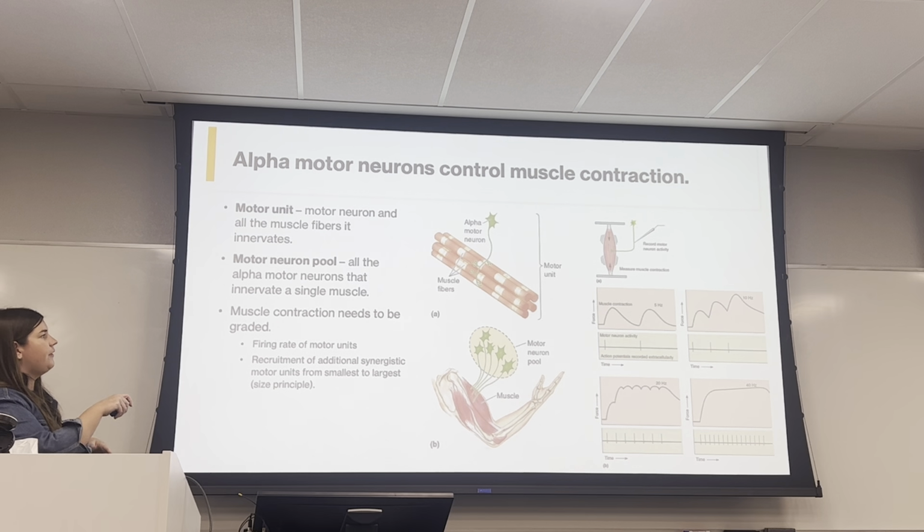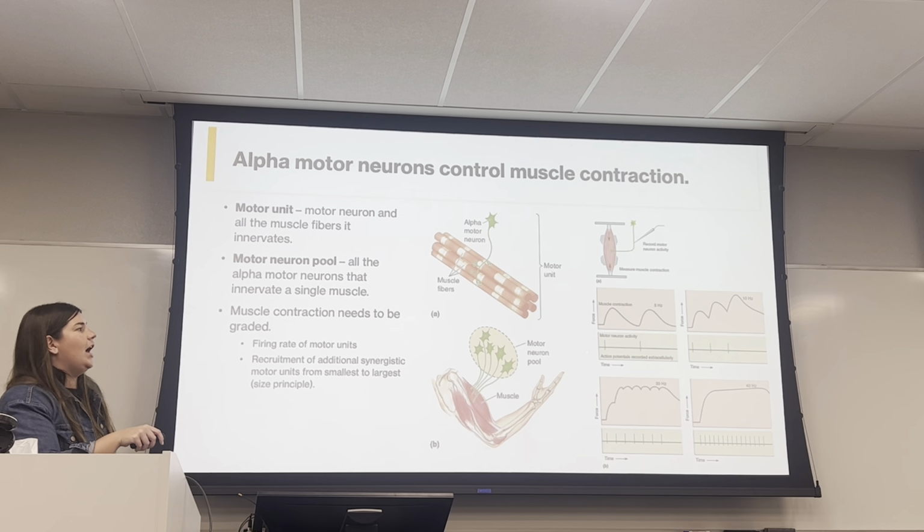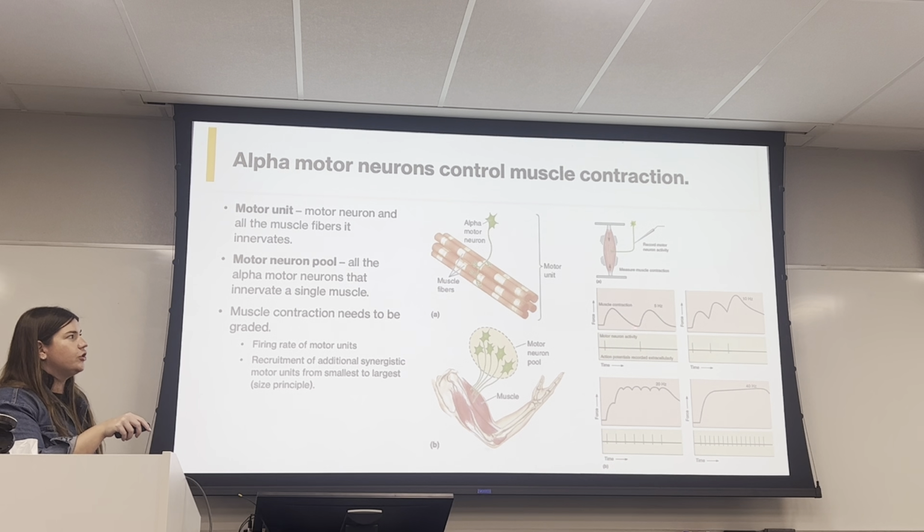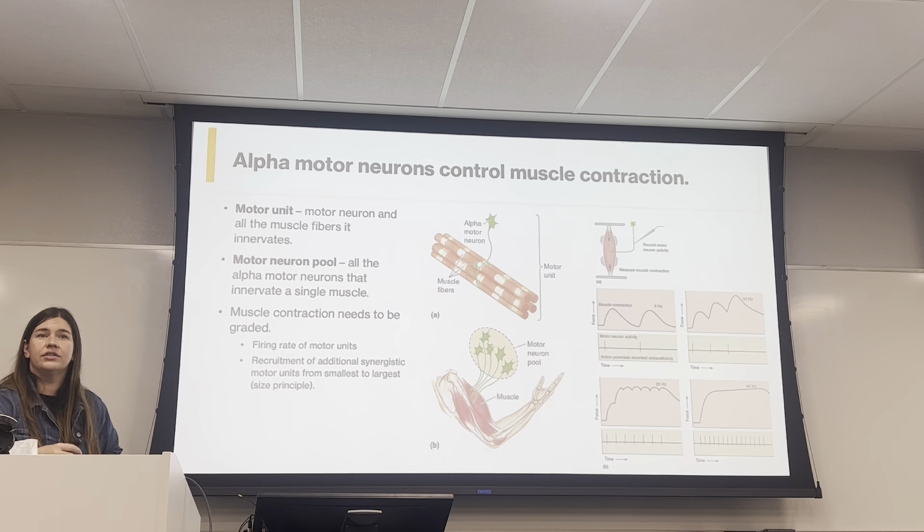The other thing is that the firing rate of the motor units can differ, so that's what this diagram is showing. If we have motor neuron activity, an action potential here, an action potential there, we can see how that relates to muscle contraction. We get a little bit of a contraction, but the next one is not close enough, so the first has already come down from the contraction before the next one fires off, and we're getting these little twitches.